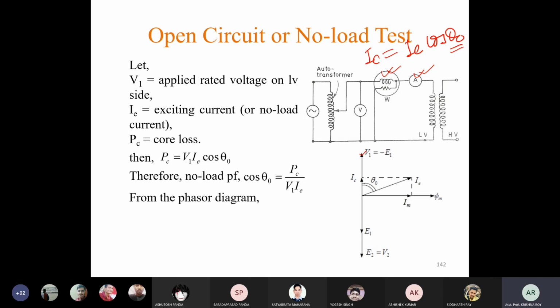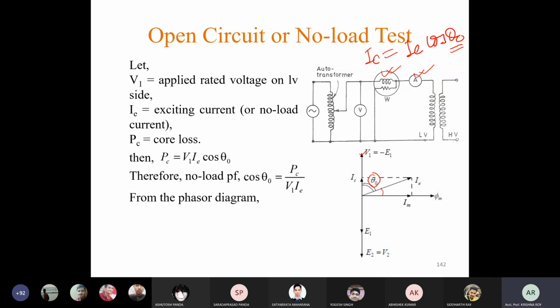IE is the exciting current which leads the flux by an angle alpha. The angle between this applied voltage and the no load current is theta 0, which is known as the no load power factor angle. If we resolve IE into two components, one is IC, the core loss component in phase with V1, another is IM, which is in phase with phi m.